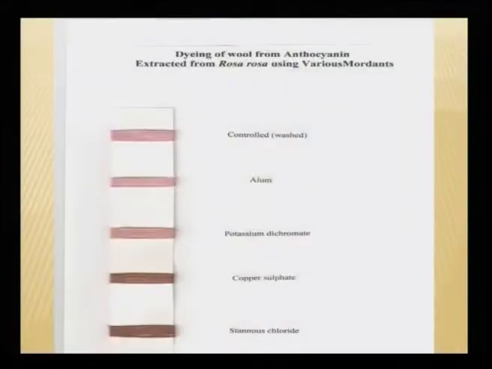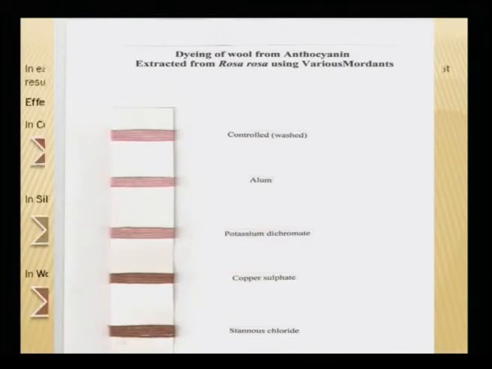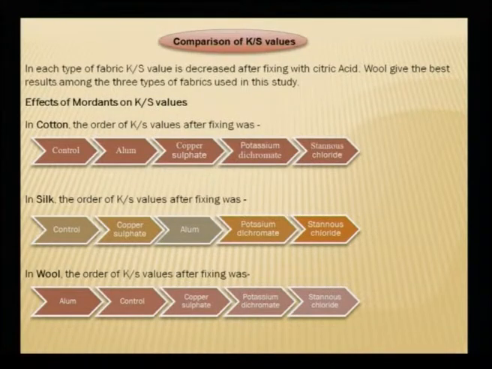So, it is obvious from these dyed samples that one can evaluate the things I have told you just now. Now, if we take an overview of the K by S values in each case, let us go in increasing order.